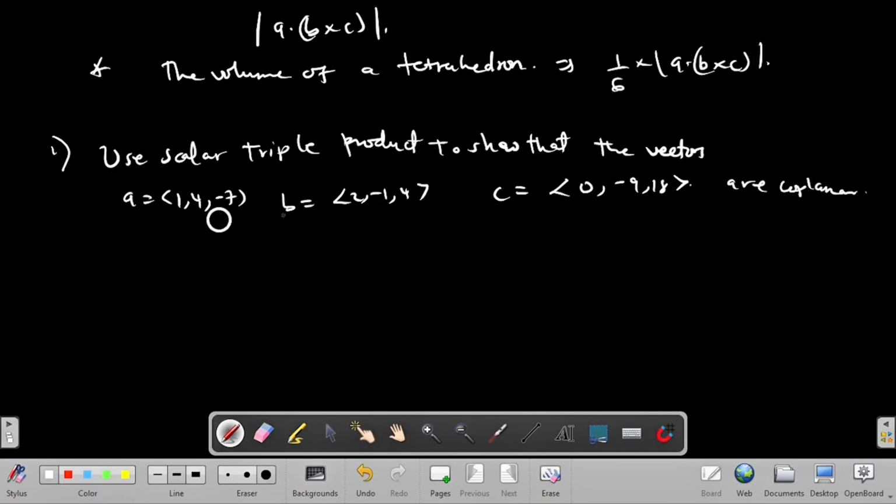So we have to show that these three vectors are coplanar. What do we do? We simply find their triple product, and that gives us a 3 by 3 matrix. We want to find the determinant.